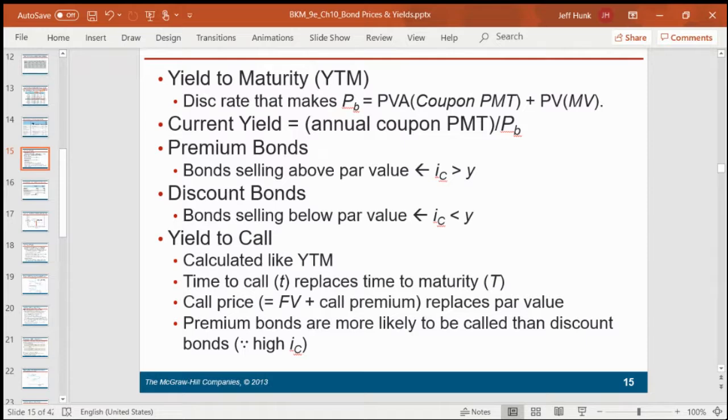They all mean the same thing. First of all, of course, the yield is the annualized return on the bond.